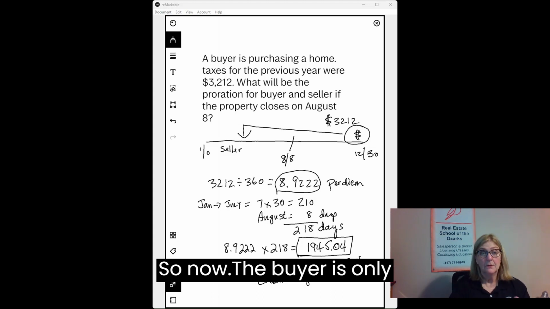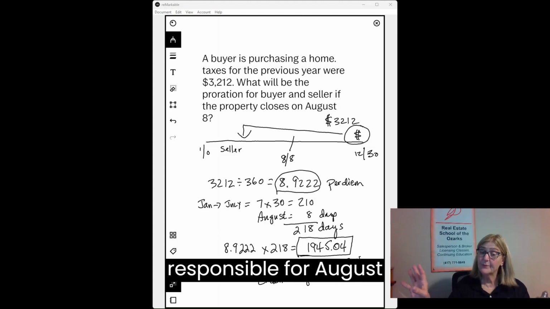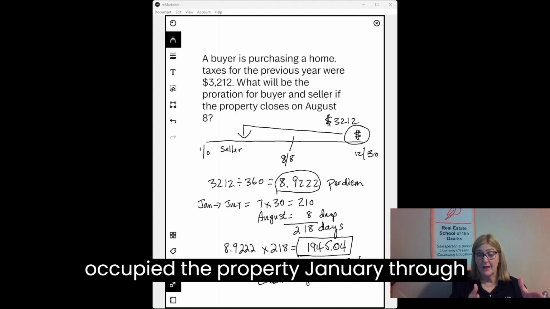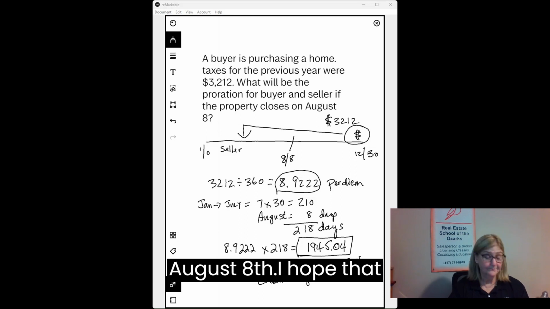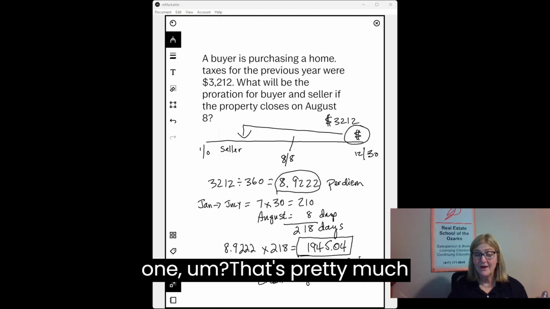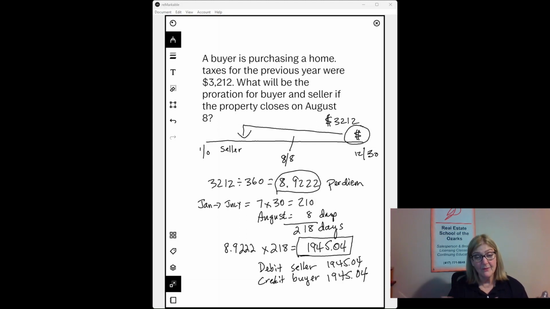So now the buyer is only responsible for August 9th through the end of the year, and the seller has paid for the time they occupied the property, January through August 8th. I hope that makes sense. Till we do the next one, that's pretty much it.